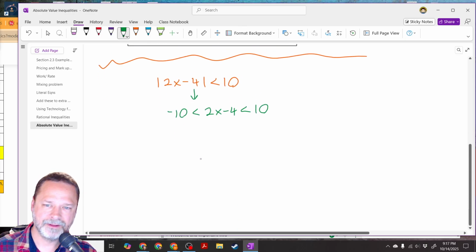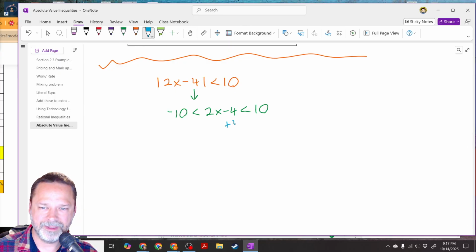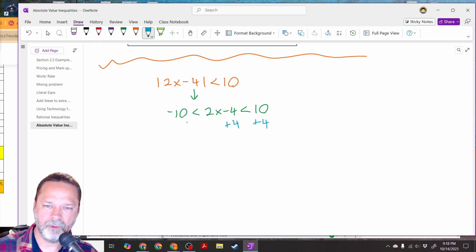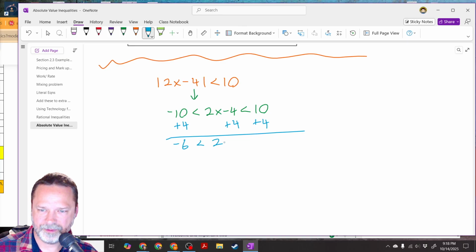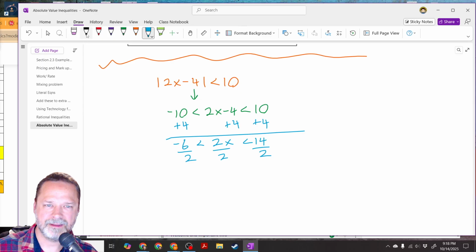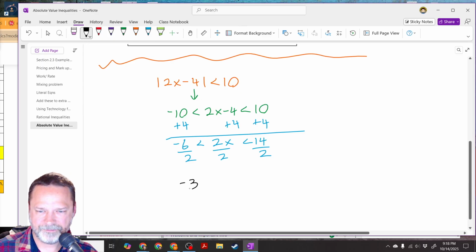All right? So moving on here, once we have it in this form, we solve it like we normally would, and we'd be done. No problem whatsoever. -6 less than 2x is less than 14. Divide everything by 2, and we are going to get -3 is less than x is less than 7.